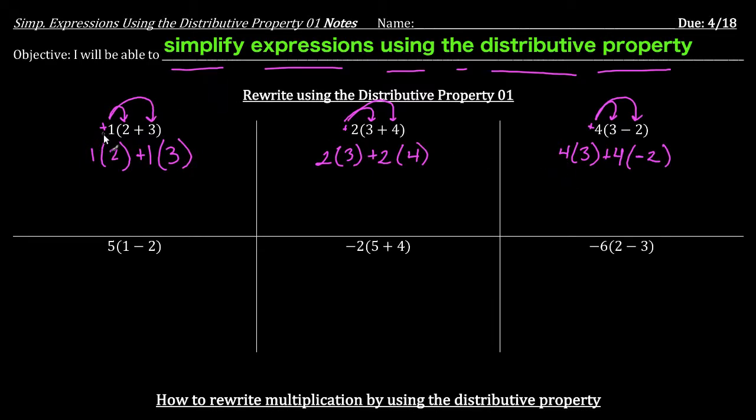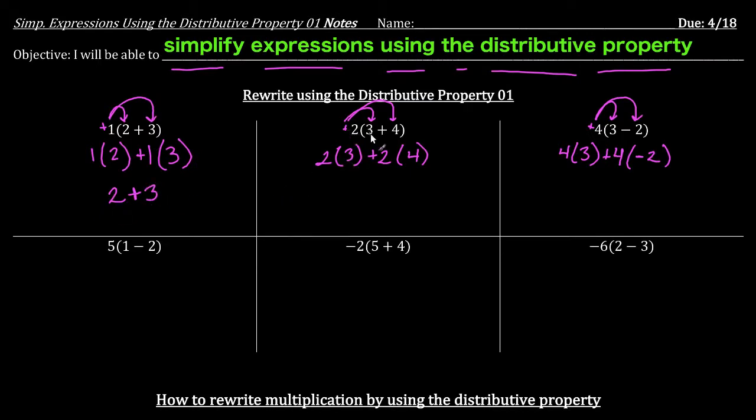So instead of writing 1 times 2, we just go 1 times 2 is 2. So a positive times a positive was a positive. 1 times 2 is 2. A positive times a positive is a plus. 1 times 3 is 3. Let's try it again.